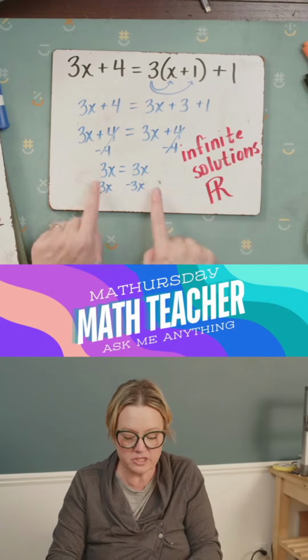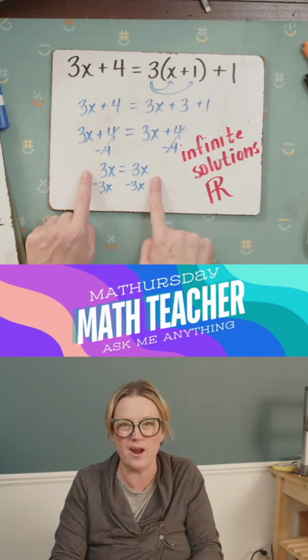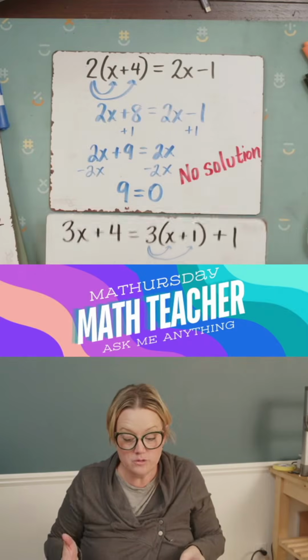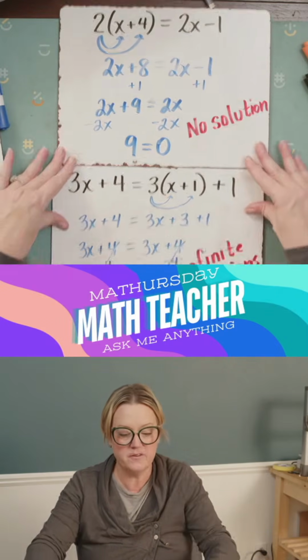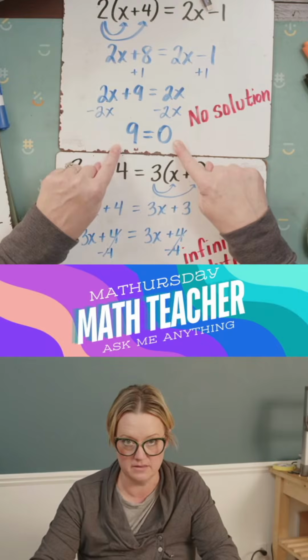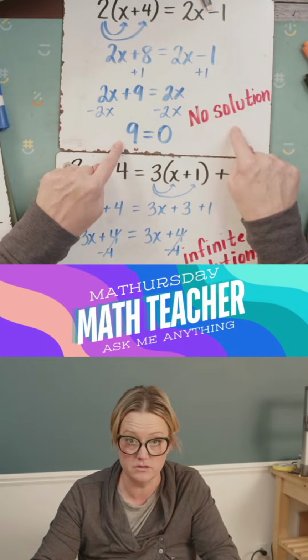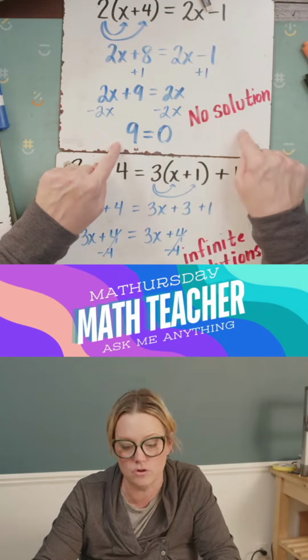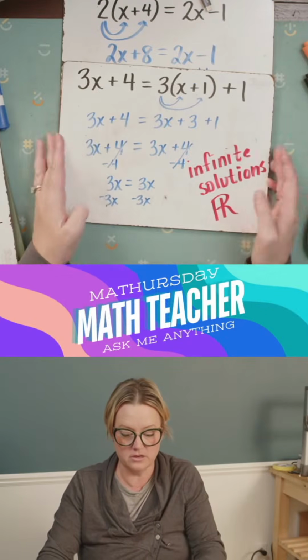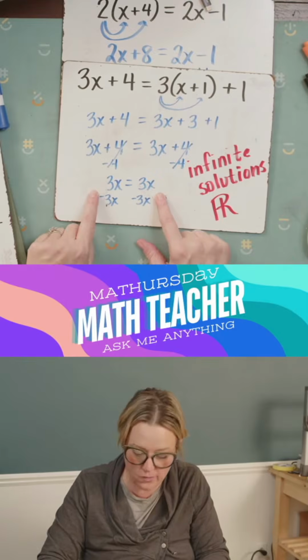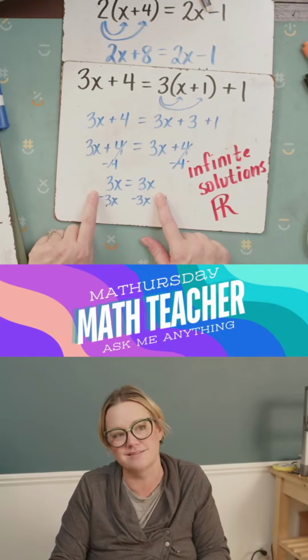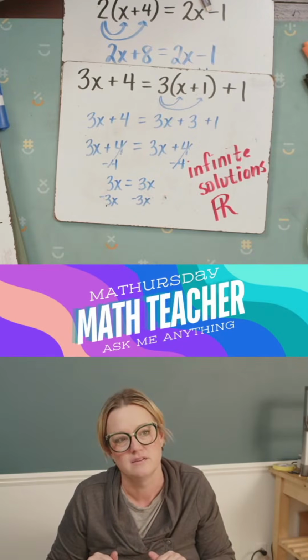So infinite solutions is when it's always going to be true, no matter what. No solution is if it's not a true statement. 9 equals 0. That's never going to be true. It's no solution. There's no way to make 9 into 0. There's a bajillion ways to make 3x equal 3x. It's infinite solutions. Okay.